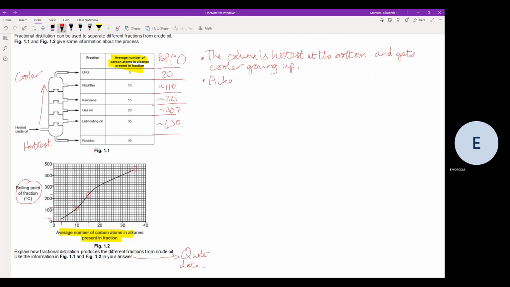Alkanes with shorter carbon chains have weaker intermolecular forces.